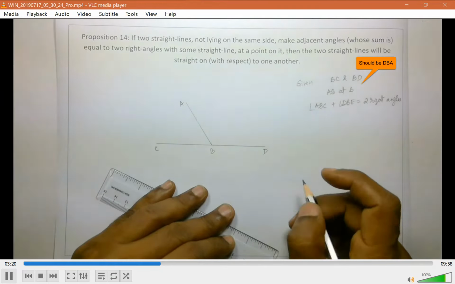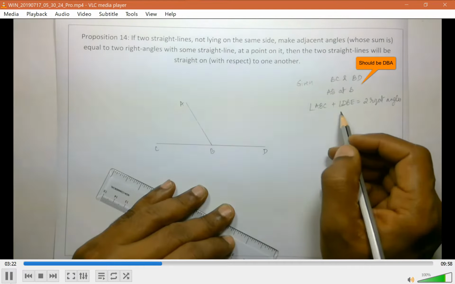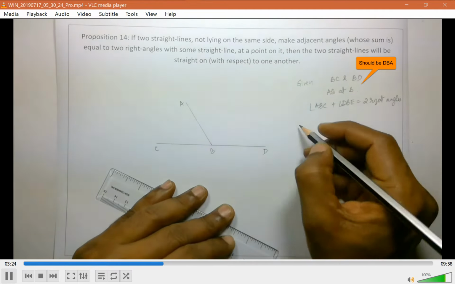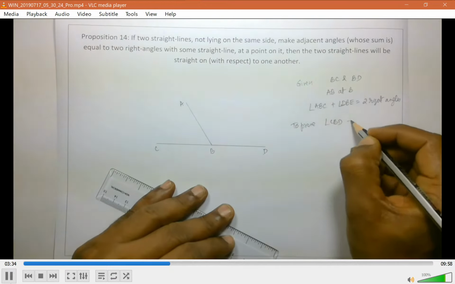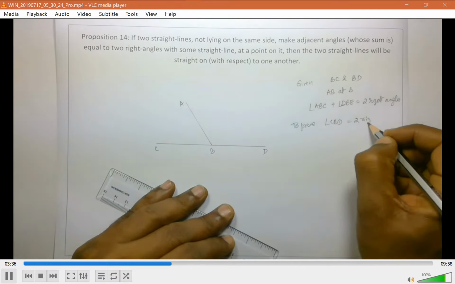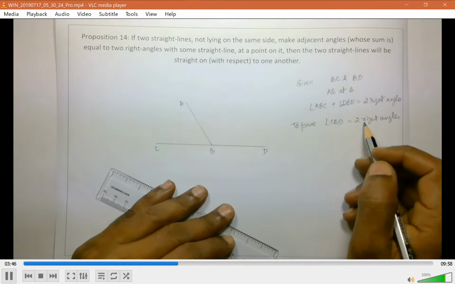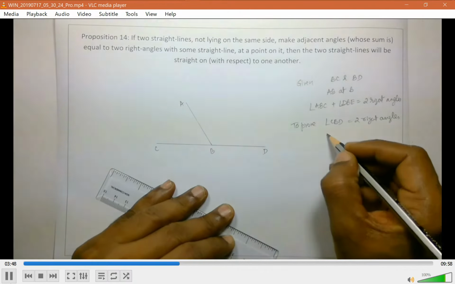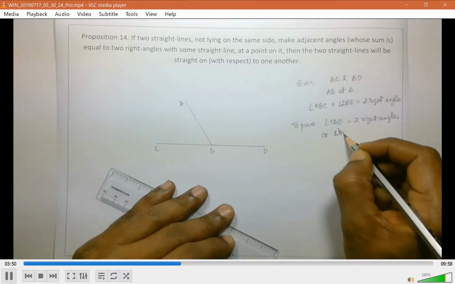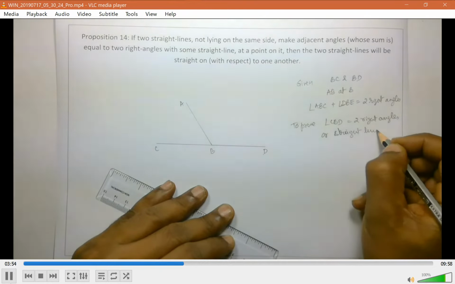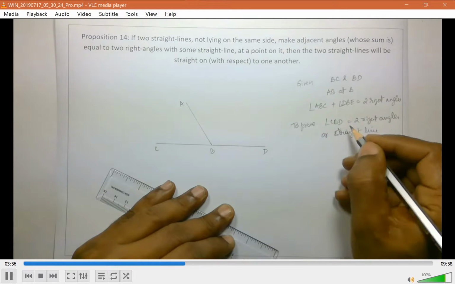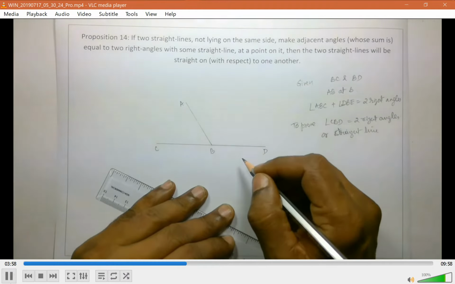This is what we have been given. Now what we have to prove is that angle CBD is equal to two right angles, because if it is two right angles, then it will be a straight line, or straight on with respect to each other.